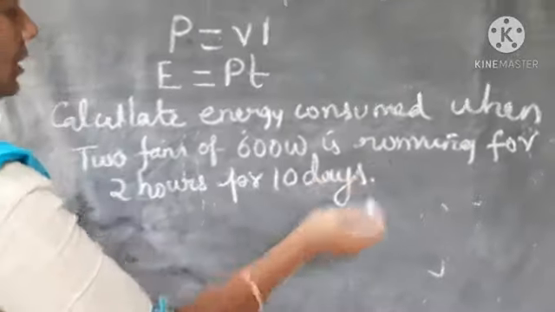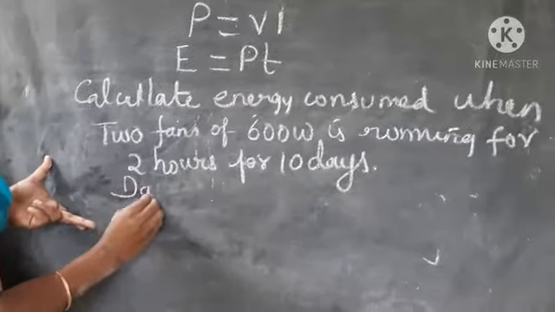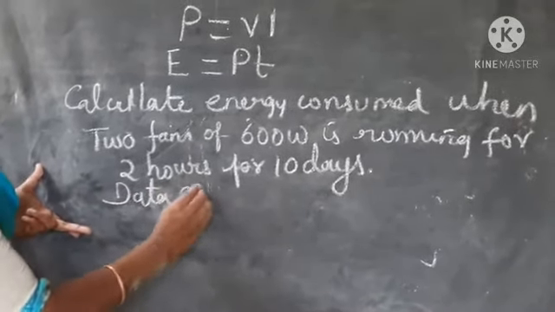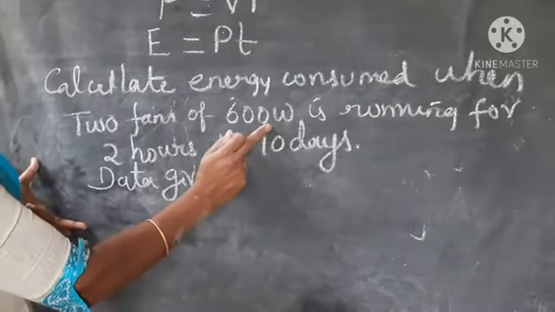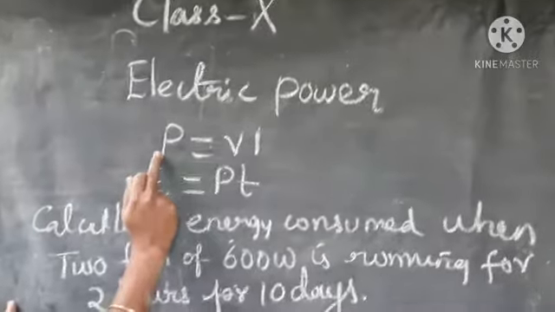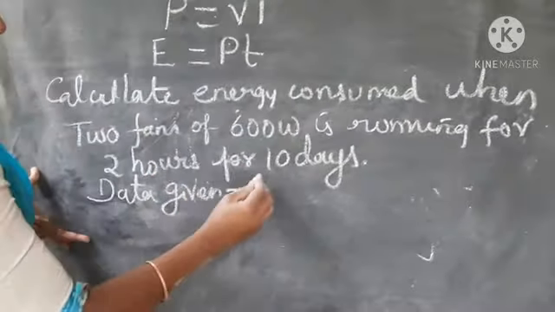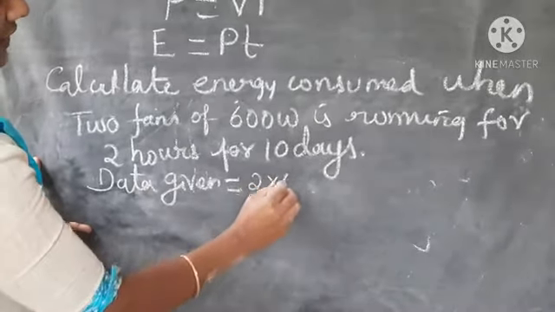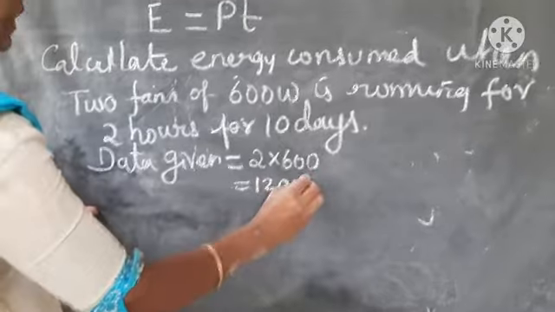How can we calculate? Let us see. You have to write the data given. Watt is given, so power is given. The unit for power is watt. But 2 fans are given, so you have to take 2 into 600 watt. So this is 1200 watt.